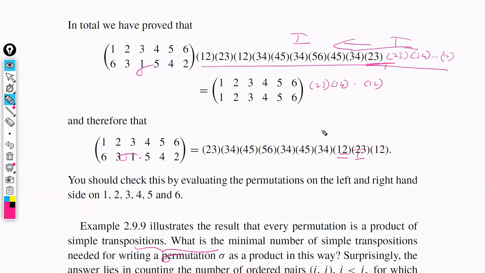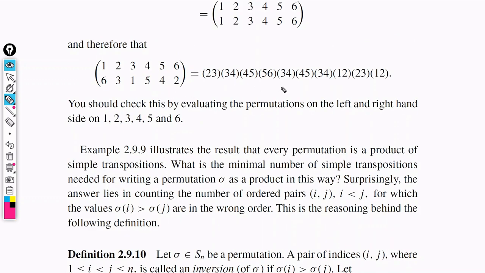And what about the right hand side? The right hand side is I times these permutations, exactly the permutations (2 3), (3 4), etc., up to (2 1). So this example shows that every permutation can be represented in terms of simple transpositions.